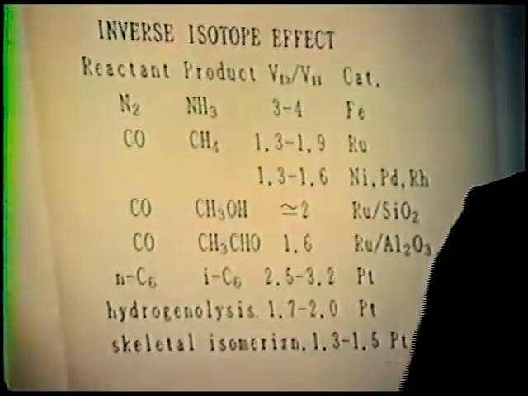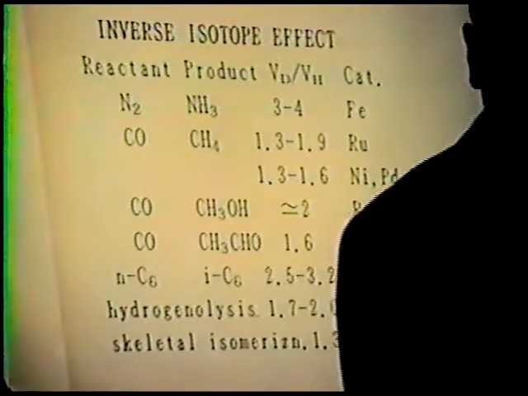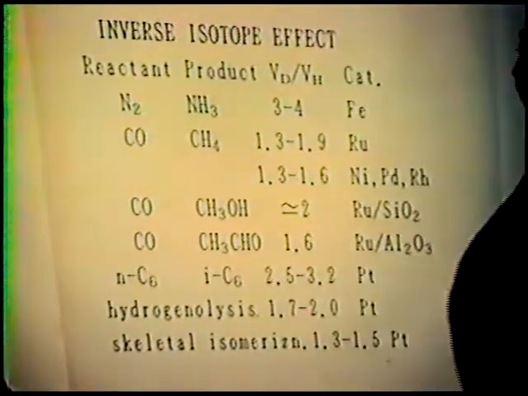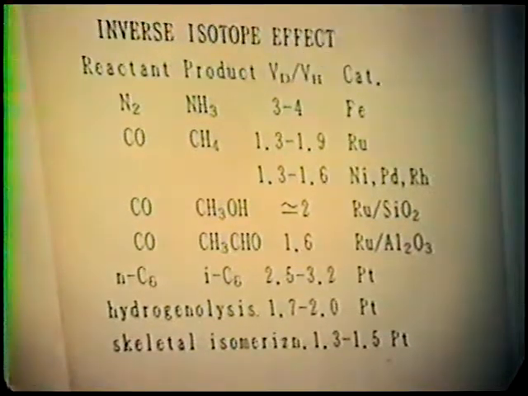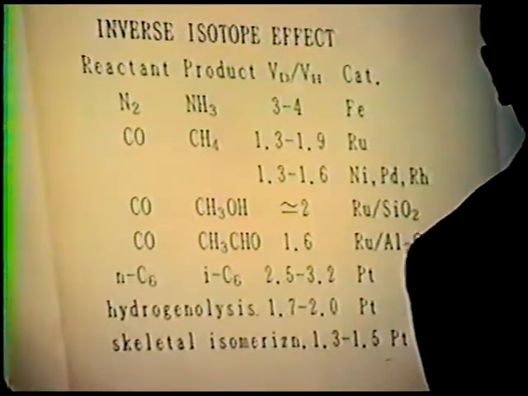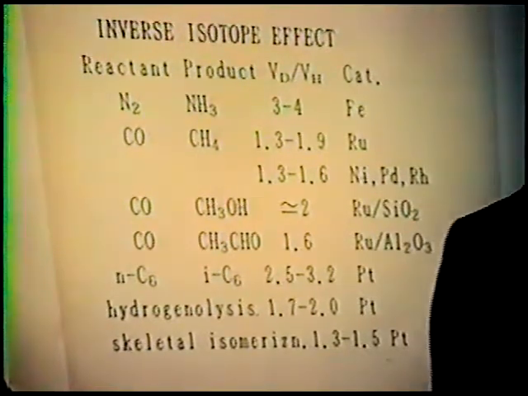And more recently, these results are summarized over here. In the case of ammonia synthesis, the rate is 3 to 4 times faster for deuterium than hydrogen.